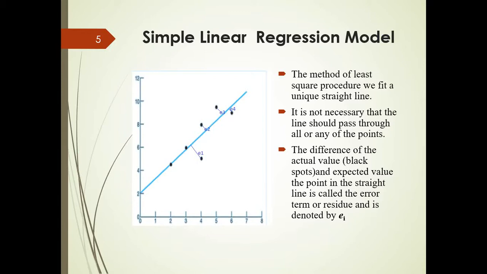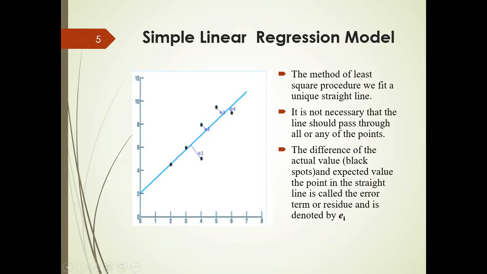I have a scatter diagram here, and a straight line is fitted as given here. How this line should be fitted is explained at a later stage. Now I have fitted a line which passes through 2 points, and the other 5 points are off the line, and here I have marked e1, e2, e3, e4.